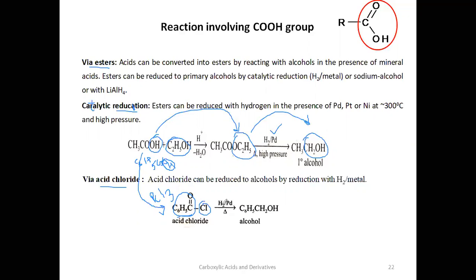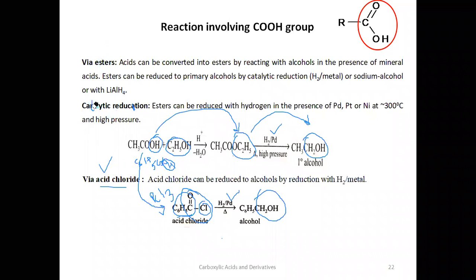So we have to add hydrogen in the presence of palladium, then heat this, so the whole group will get reduced to a primary alcoholic group, that is CH2OH group. So first we have to convert carboxylic acid into esters or acid chloride. Then we do the reduction by adding this, so that will convert the COOH group to CH2OH, that is a primary alcohol.